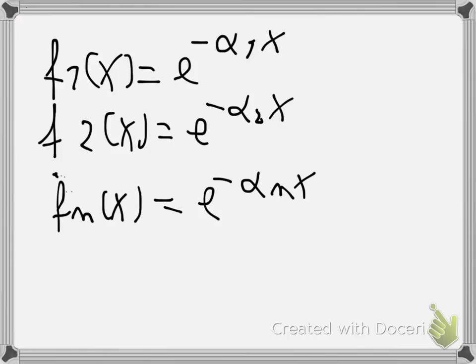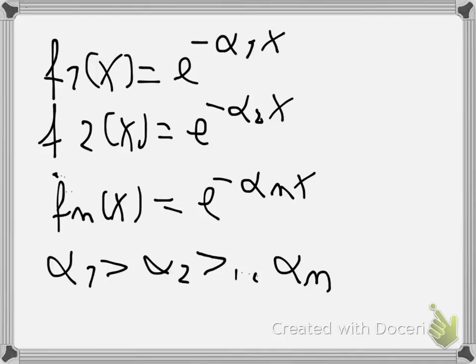And you know that alpha 1 is greater than alpha 2 is greater than ... until alpha n, which is greater than or equal to 0.